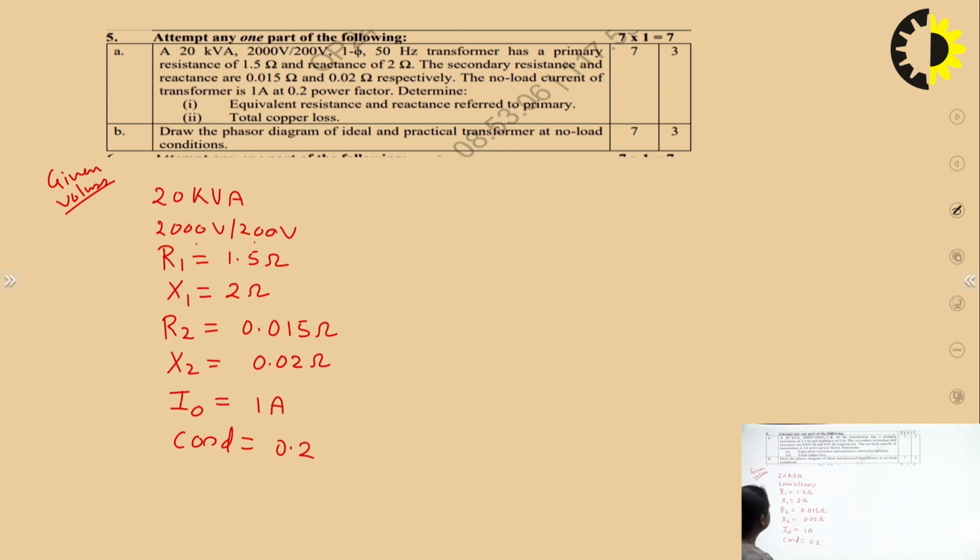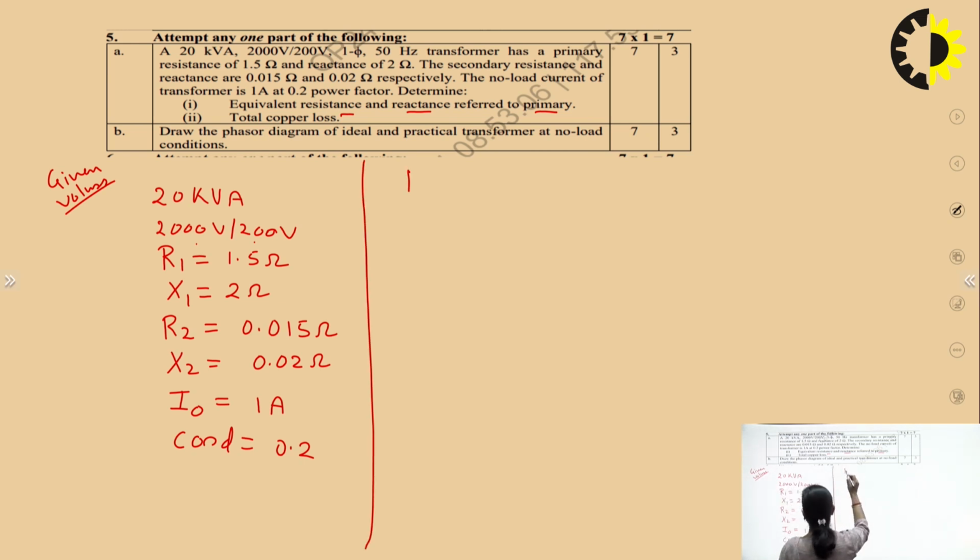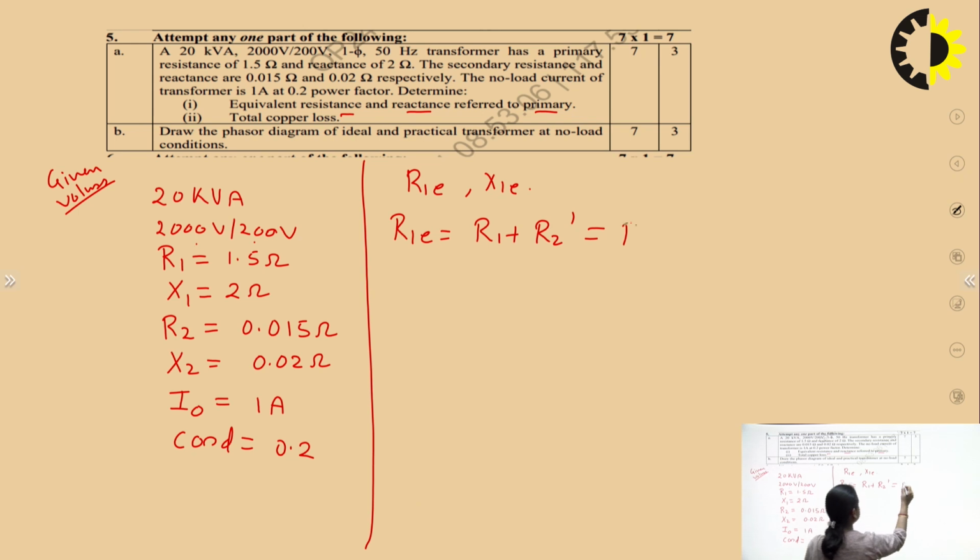Now what you have to determine? You have to determine the equivalent resistance and reactance referred to the primary side. So now you have to find R1E and X1E. What is the formula for R1E? R1E is equal to R1 plus R2 dash, or you can write R1 plus R2 by K square.